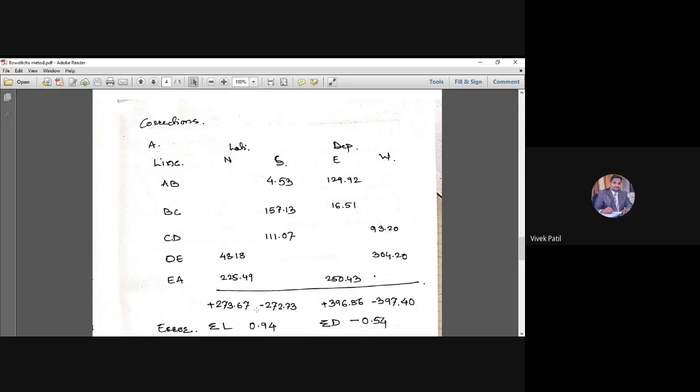What is the value? Sir, 0.94, positive. Similarly, add easting and westing with sign convention. Sir, minus 0.54. So these values, whatever I have calculated, are correct.